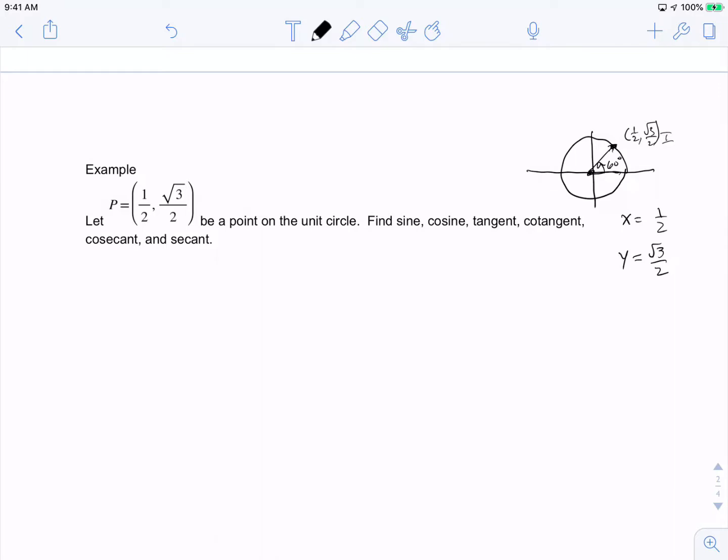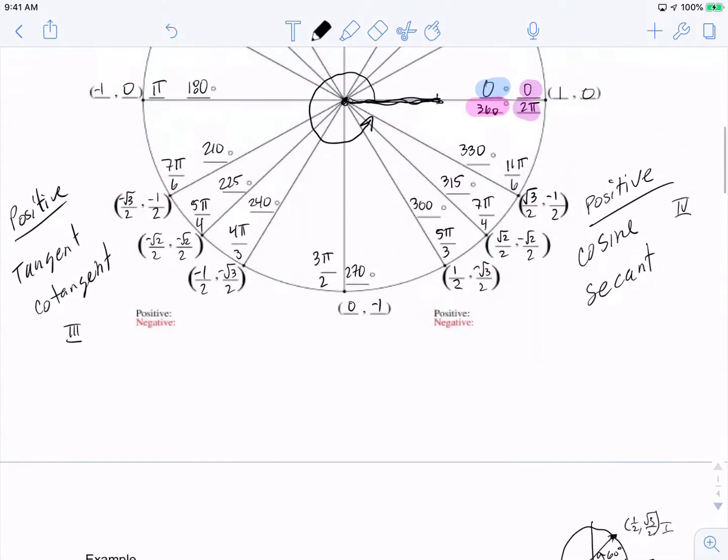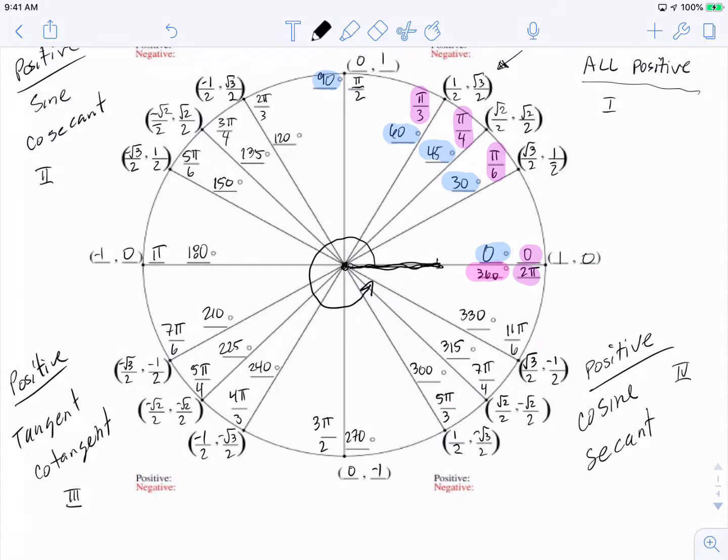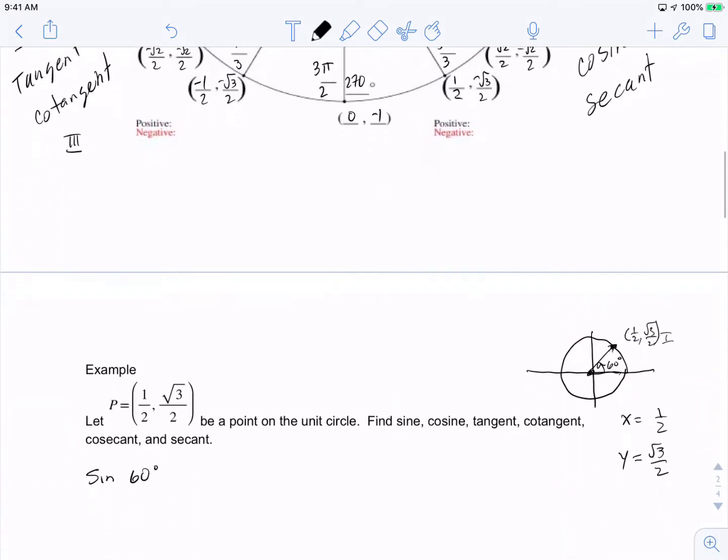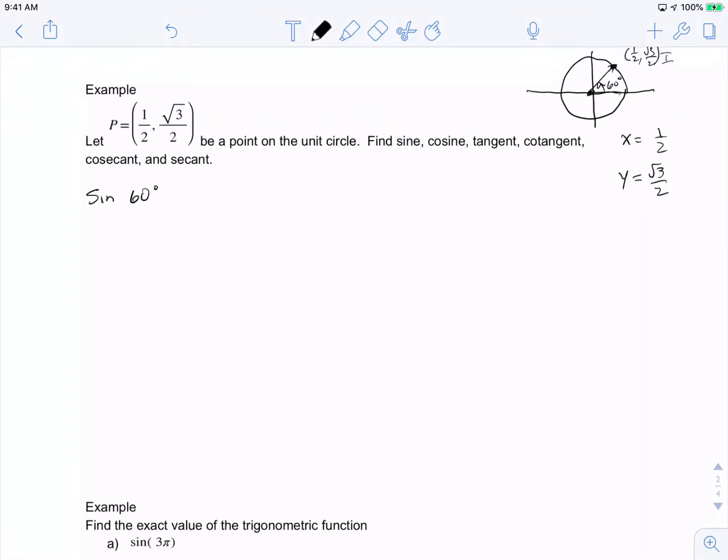So if we look at what I gave you, sine of 60 degrees for this problem, or sine of pi over 3, that's in radians that we can use. It doesn't matter, it's going to give us the same answer, but it depends on whether you're given radians or degrees.